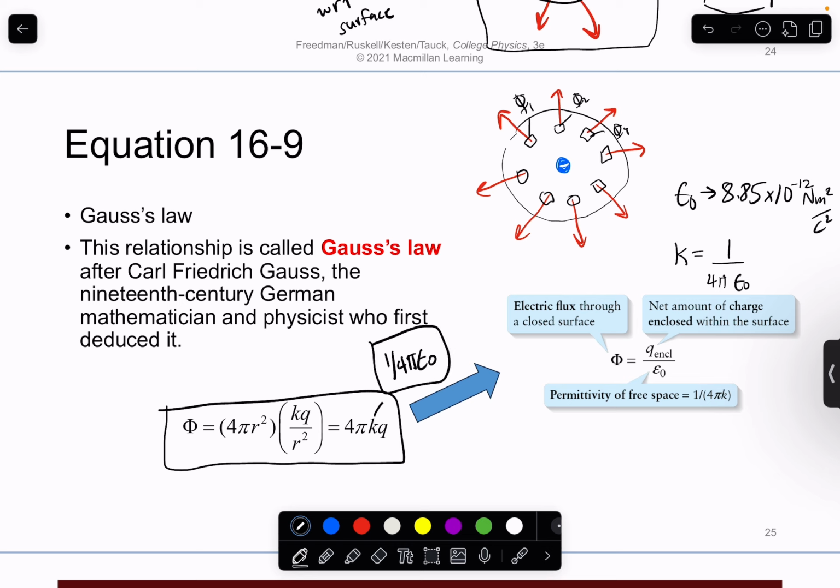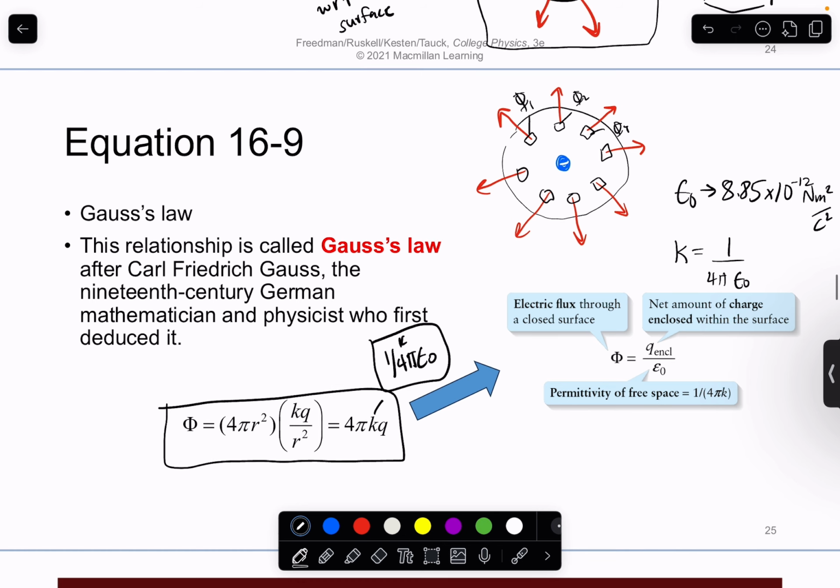When we substitute, you get a really nice, clean version of Gauss's law, which states that the electric flux through a closed surface is equal to the charge enclosed divided by a constant called the permittivity of free space, epsilon naught.